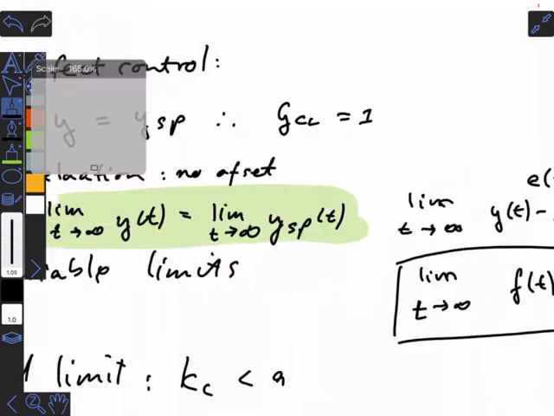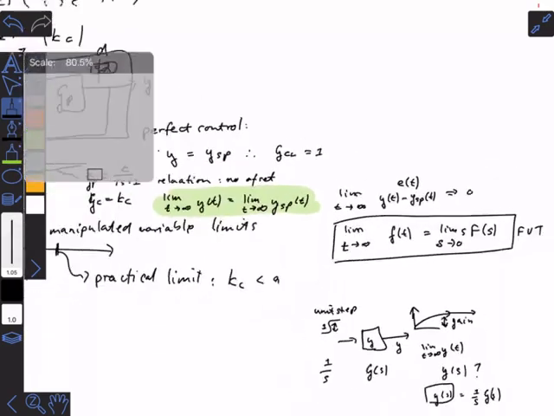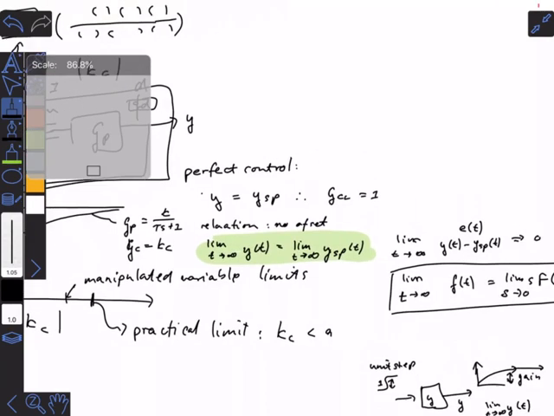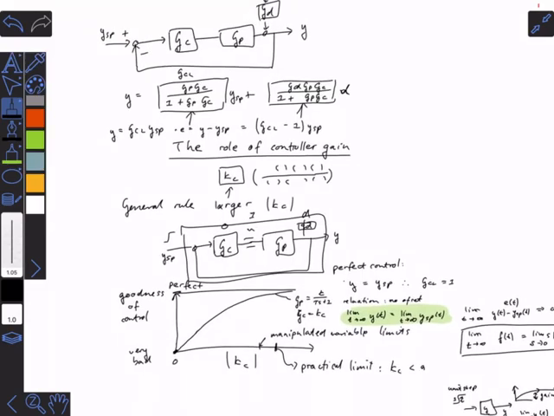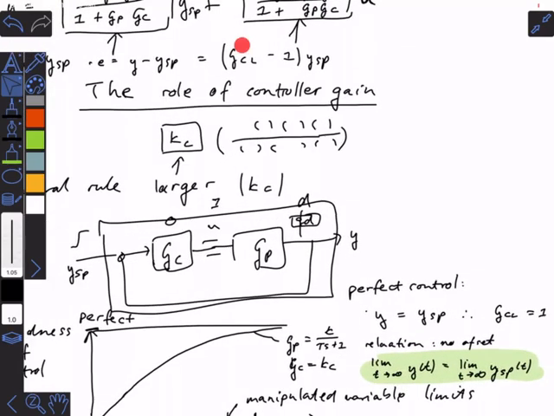We saw that this was 1 minus G_CL. So the thing that determines the offset is G_CL minus 1.